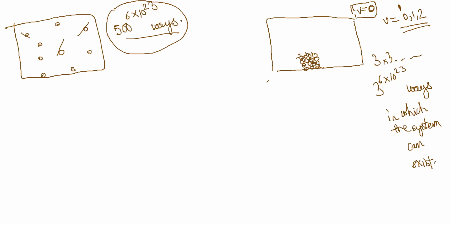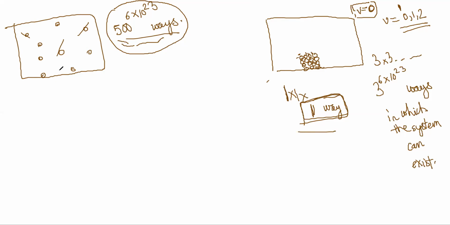Then the system can only be in one state, 1 into 1 into so on, and there is only one way. So the minimum possible number of ways is one. A maximum is also possible, and this is one of the large possible numbers of ways.